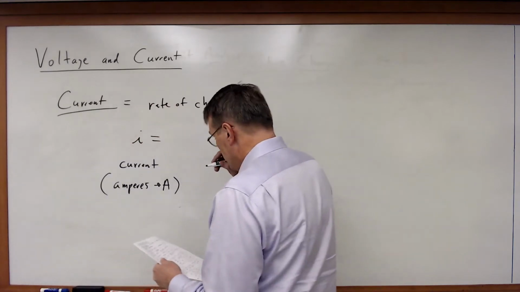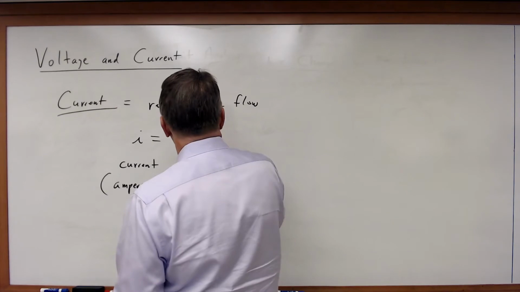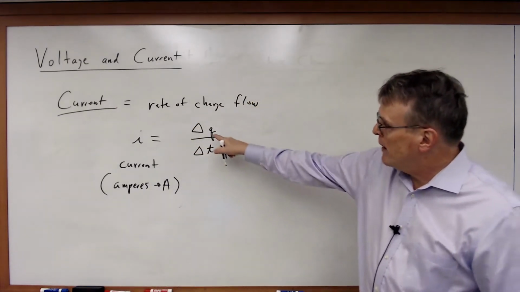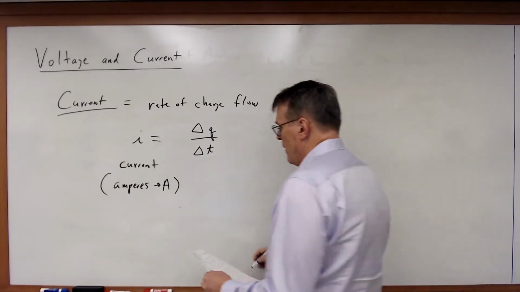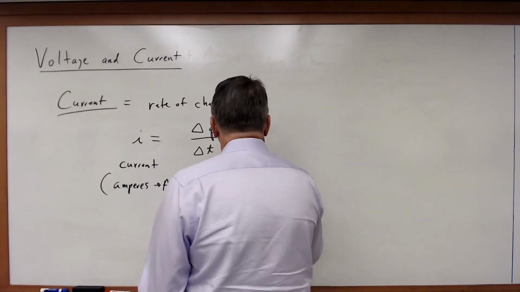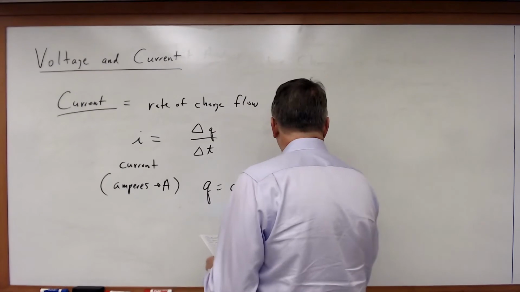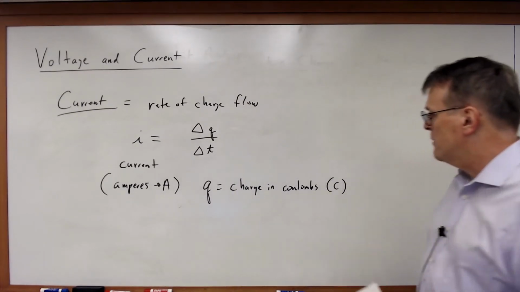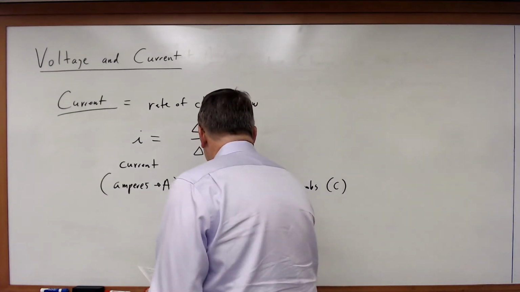I is equal to the change in charge with respect to the change in time, where delta Q divided by delta T, where Q is equal to charge in coulombs, which we do with a capital C. And T, of course, is time in seconds.